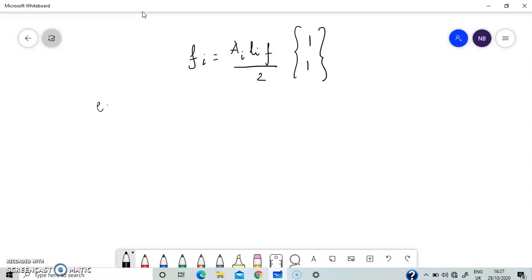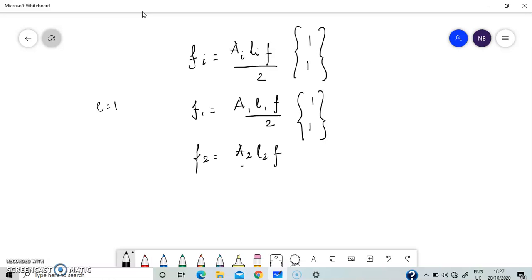So for element 1, F1 will be equal to A1 L1 F divided by 2 [1 1]. Similarly, F2 will be A2 L2 into F upon 2 [1 1].